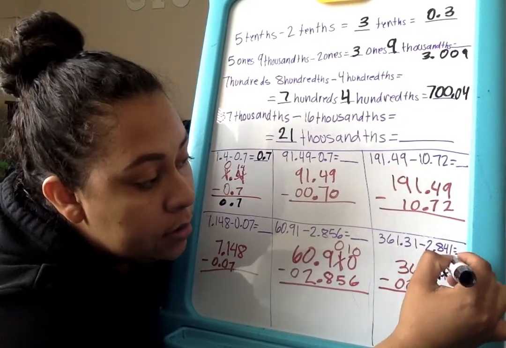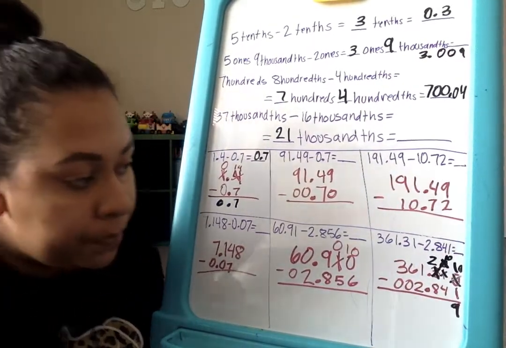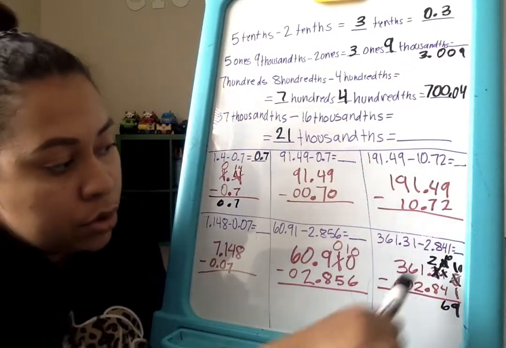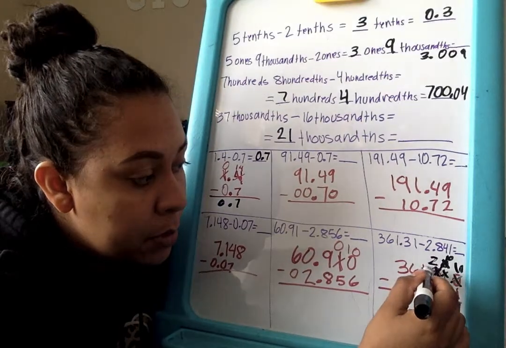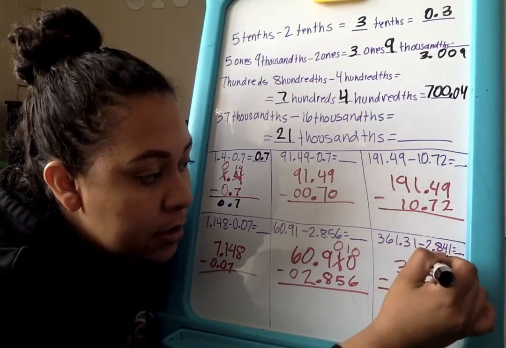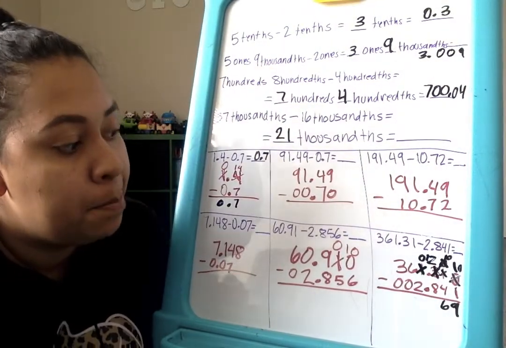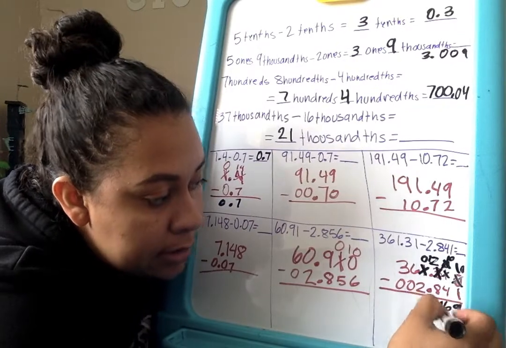And then 10. So 10 minus 4, 6. So now 2 minus 8. We don't have enough, so we need to regroup from the ones. So that makes 0 ones. And now 12 tenths. So now 12 minus 8 is 4.